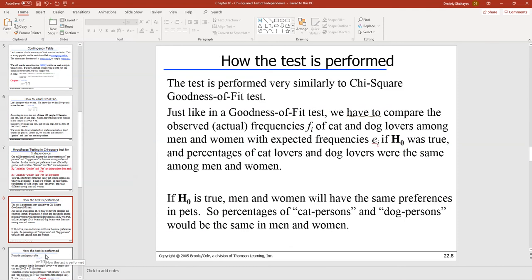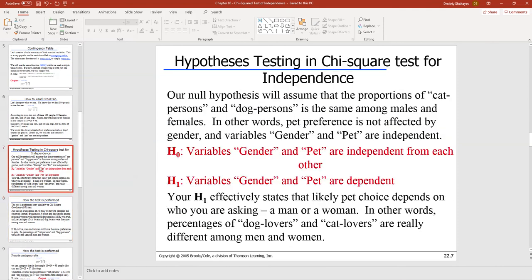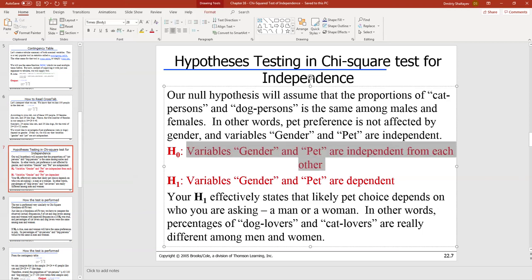Alright, so here is basically what that means, right? So let's go back to the previous one. Here's basically what that means, that the variables are independent from one another. If the variables are truly independent, and my null is true, that means that the percentage breakdown of females who like dogs versus females who like cats is exactly the same as the percentage breakdown for males who like dogs and for males who like cats.